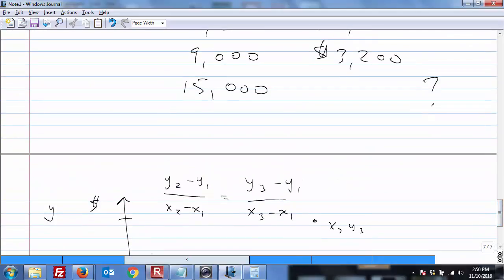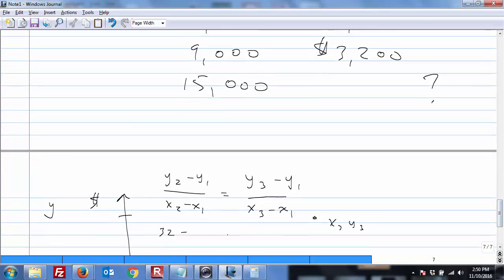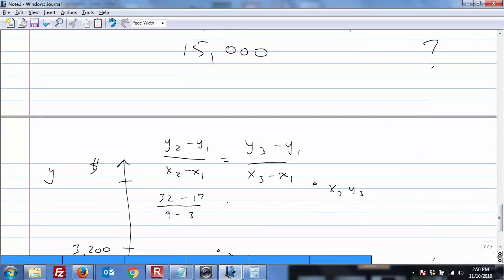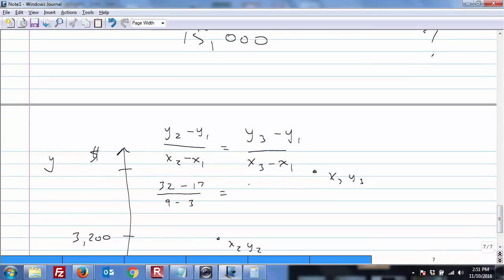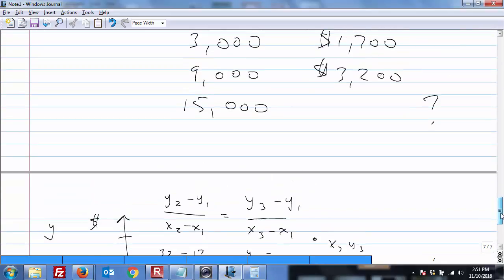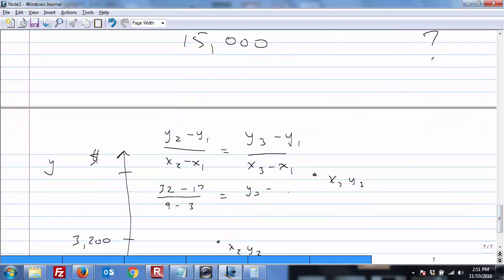So let's go back to our data. y2 is 3,200. I'll just drop the zeros. So 32 minus 17 over 9 minus 3 equals y3 minus y1, which was 17, over x3.